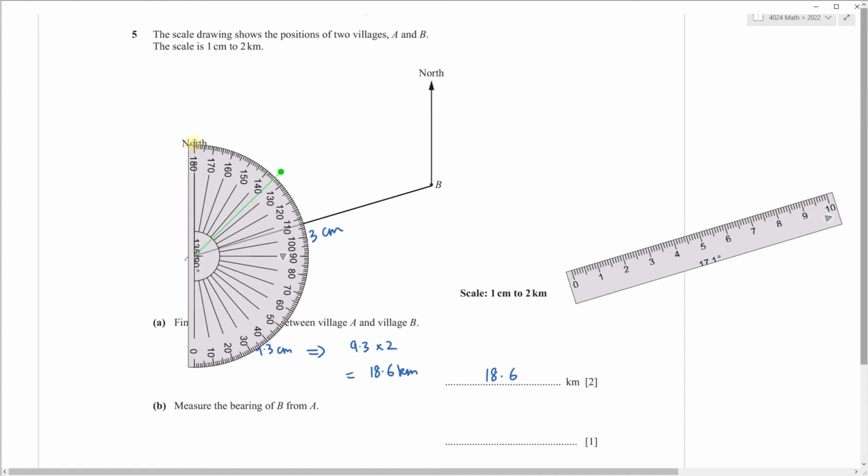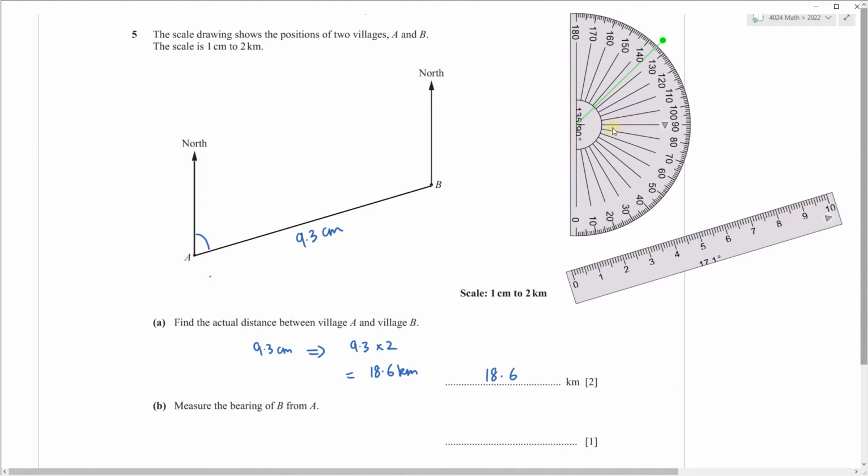So my zero is starting from here. 10, 20, 30, 40, 50, 60, 70. So up till 110, this is 70 degrees. And then I have to go 1, 2, 3 more. So this is almost 73 degrees. So this angle here is 73 degrees. So your bearing of B from A will be 073 degrees.